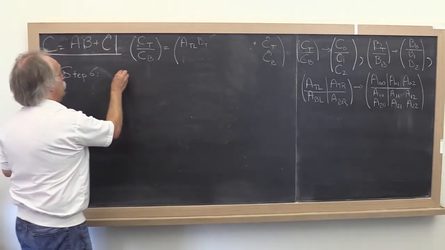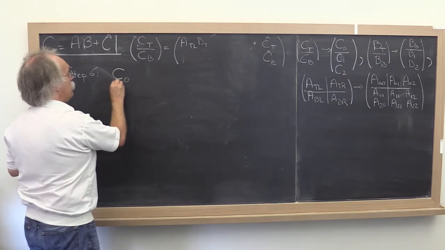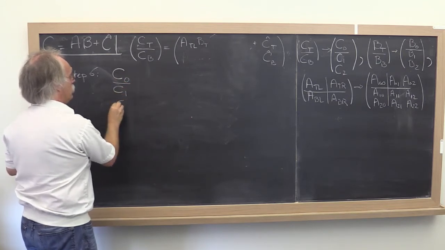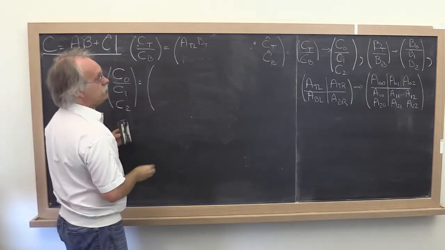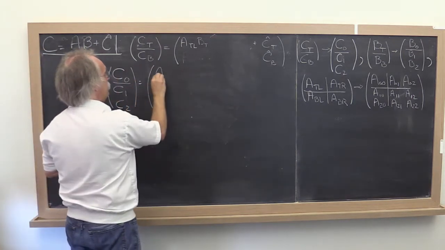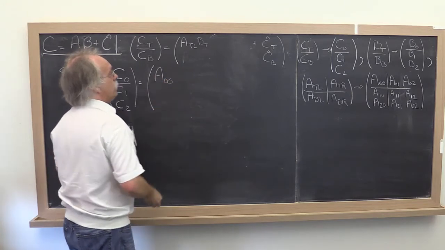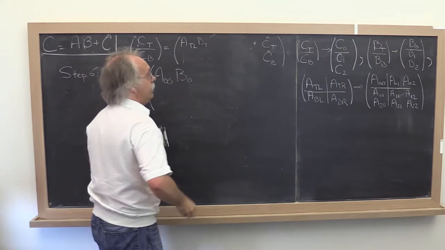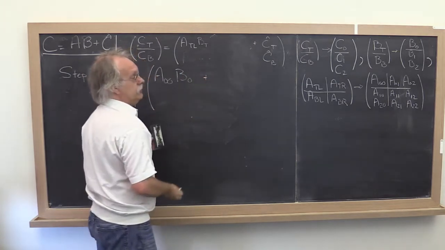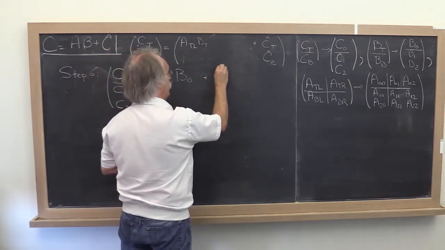So what do we get? C top is C0, C bottom is now C1, C2, and that's equal to A top left is A00, B top is B0, and C top is C0 hat.